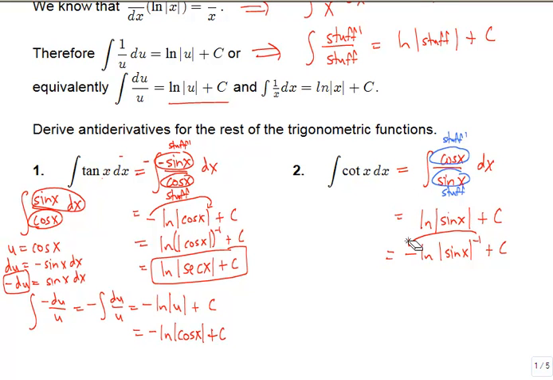So they really are the same, but if I think of it this way instead, then this negative out front will stay put, and what does 1 over sine of x become? It becomes cosecant. So typically textbooks write it this way because we have this association between cotangents and cosecants when we think about derivatives and integrals. So the integral of cotan x is negative ln of cosecant x plus c. Okay? So that's a second new rule that you want to memorize.